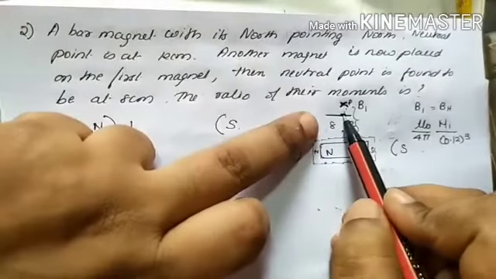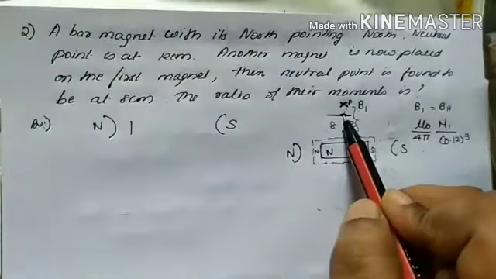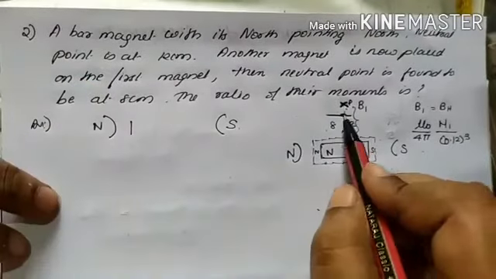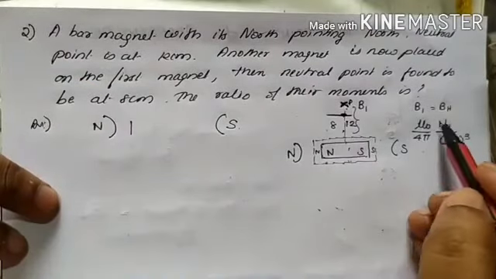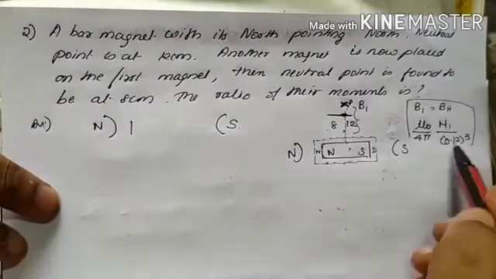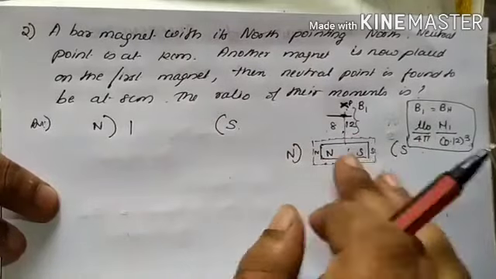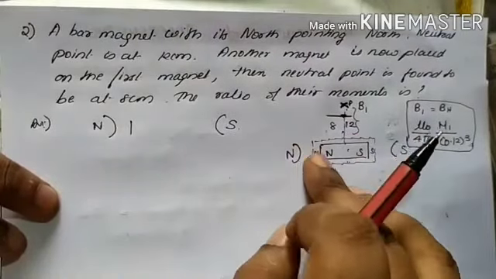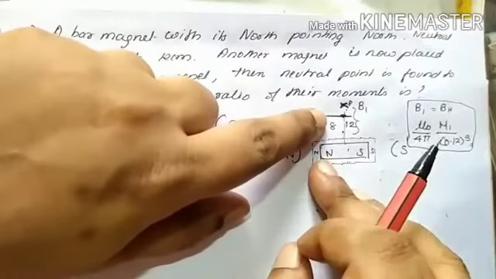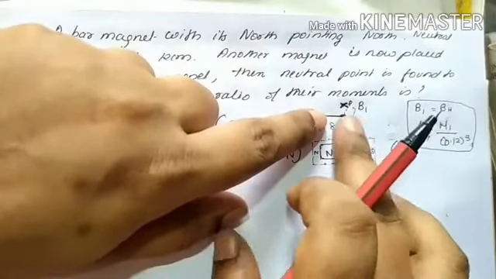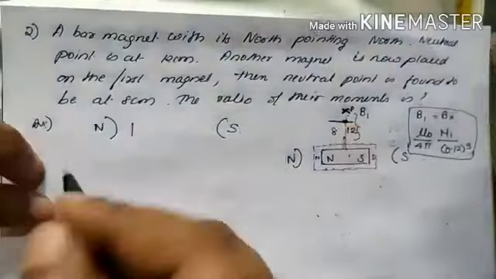So at the new null point, again it is equal to the horizontal component itself, in the equatorial position. But the problem is that now, in place of initially one magnet, there are two magnets. So there are two magnetic moments you have to consider. I hope you understood there's a difference here.